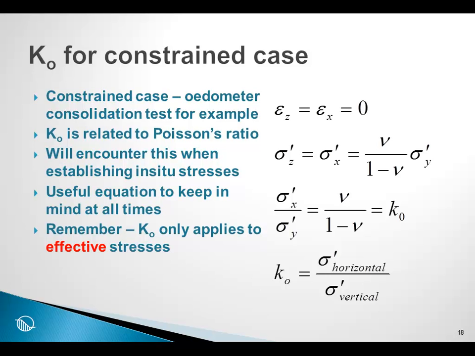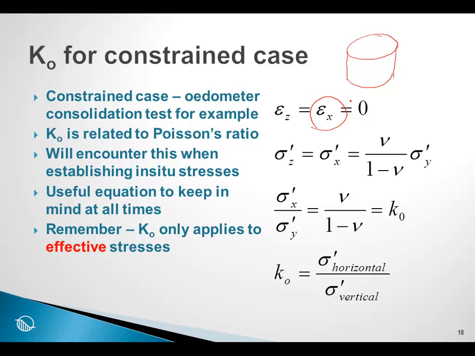By making strain Z 0 in a plane strain case, we can go one step further, and that is what is called the K0 constrained case. We also make strain X equal to 0. This is like an oedometer test, where we have soil in a ring.